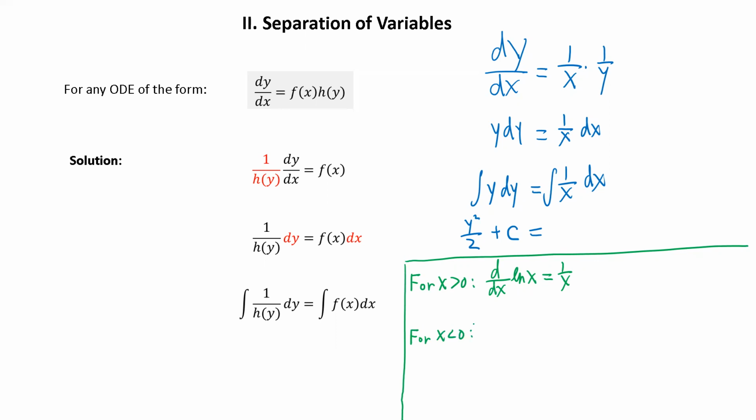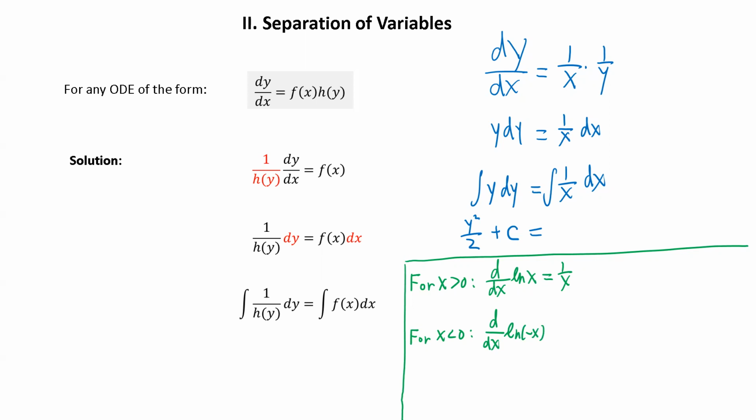Now if I have x smaller than 0, I cannot do d/dx of log of x because, as I said, the log function is not defined when x is smaller than 0. But let me consider d/dx of log of minus x. Now this is okay because x is smaller than 0, so minus x is actually a positive number.